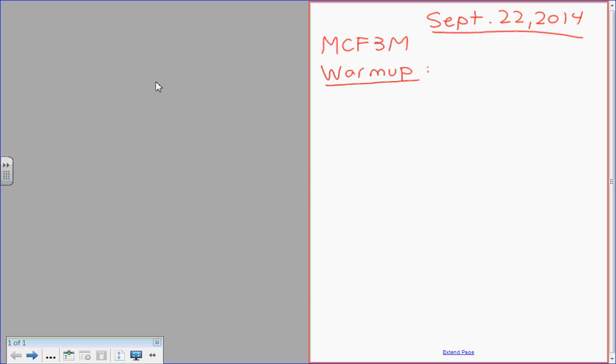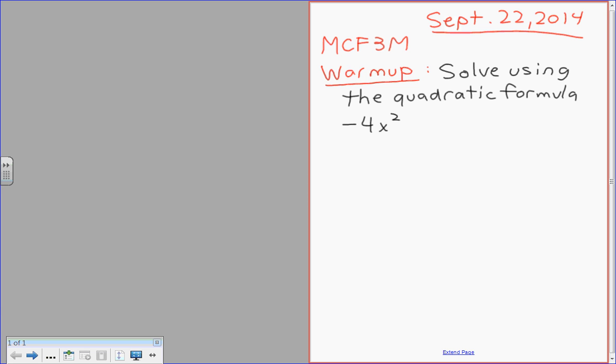Okay, so our warm-up today is going to be: solve using the quadratic formula. It's going to be negative 4x squared, negative 7x plus, let's say, 8 equals 0.